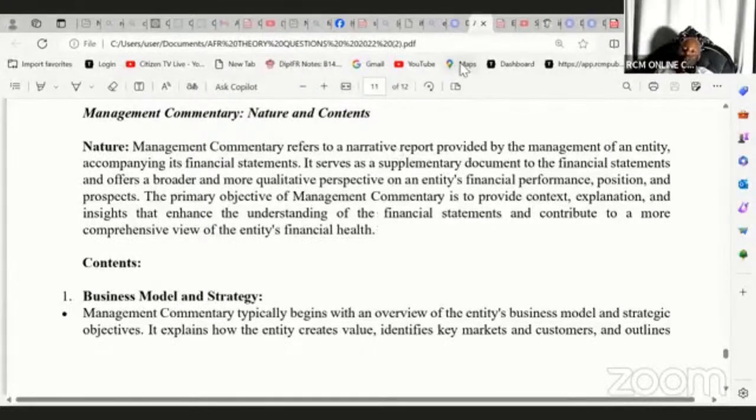Ladies and gentlemen, I love these management commentaries because as auditors, we are giving an opinion regarding what here, financial statements. As an auditor, my obligation is to go through the income statement, the statement of financial position, the cash flow statement, and in this case here, the statement of changes in equity, and then we have notes to the accounts.